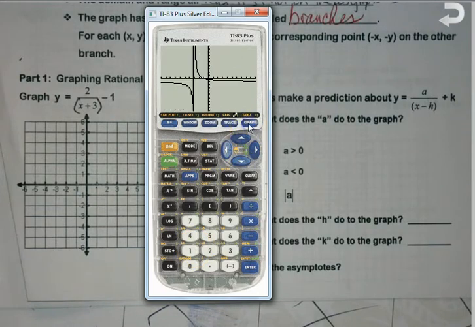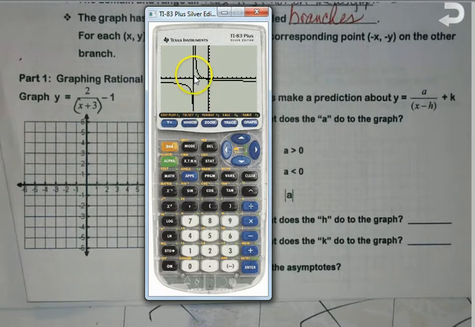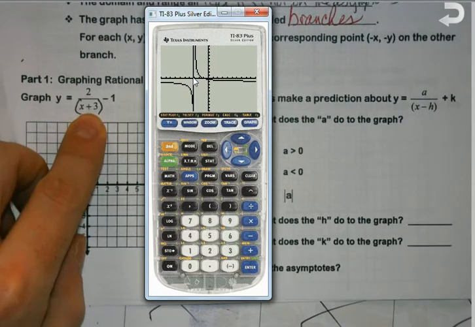So when I graph that, notice a couple of things happen. It looks like, and they'll draw the asymptote in for you. This line that you see right here, this is not part of my graph. This is me seeing where the asymptote is, my vertical one. So, for instance, here, I shifted my vertical asymptote left 3, just like I saw here.